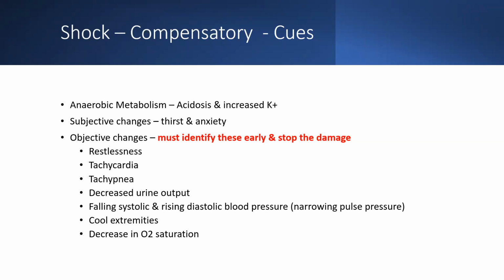So there's less time to actually improve circulation. The body doesn't have the filling pressure times. Their extremities become cool, and their oxygen saturations start to decrease. These are those subtle signs. If you look at them, these are all signs for RRT: calling your rapid response team, calling your MERT team, whatever the hospital calls it.